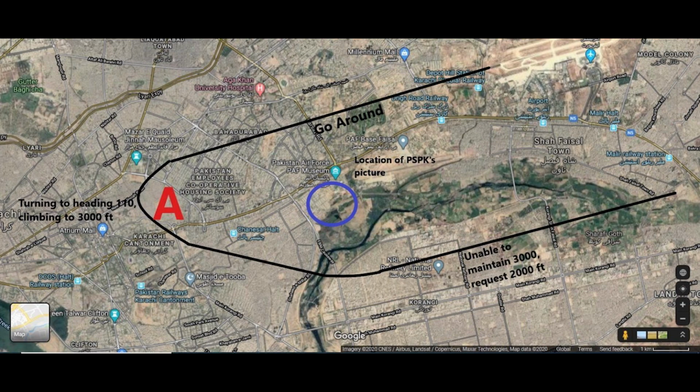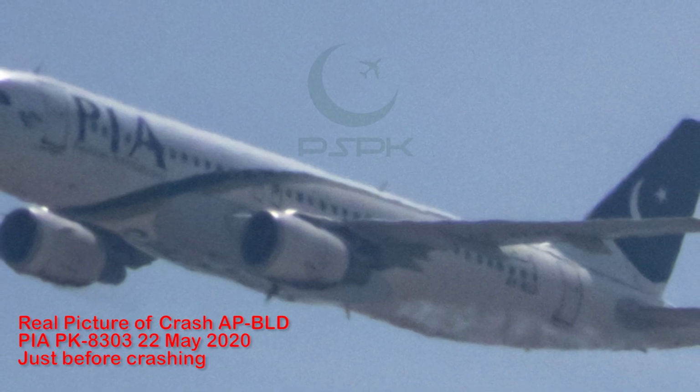As you can see, after the aircraft touched down and scraped its engines, the aircraft took off from the runway for a second approach to the Karachi International Airport. So in the blue circle, a plane spotter caught the plane.